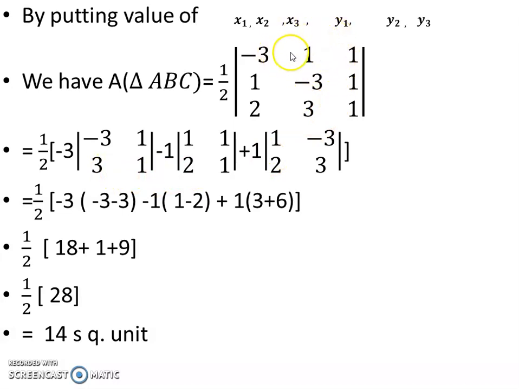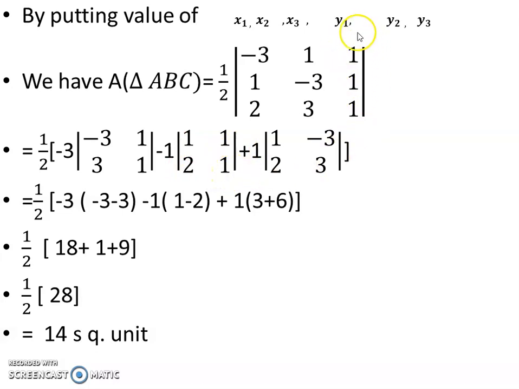Next, the middle term is always negative. So we skip the first row and second column, and 1 is the element there, so we take -1. Skipping the first row and second column, what remains is 1, 1, 2, 1, so we write 1, 1, 2, 1.